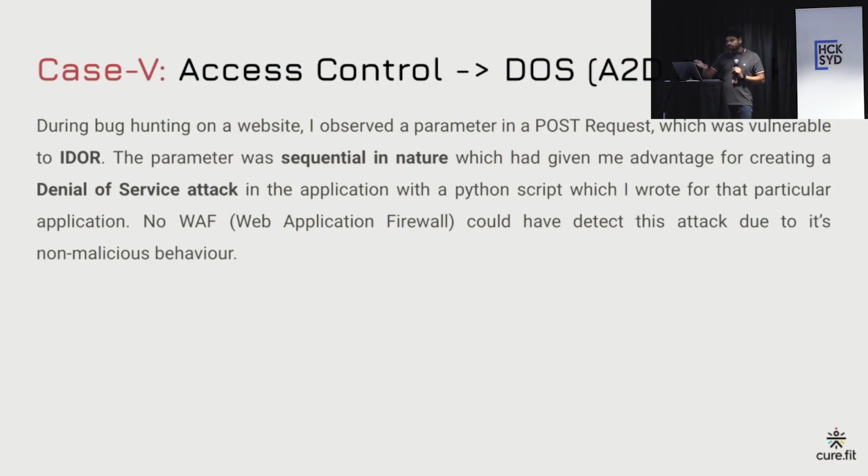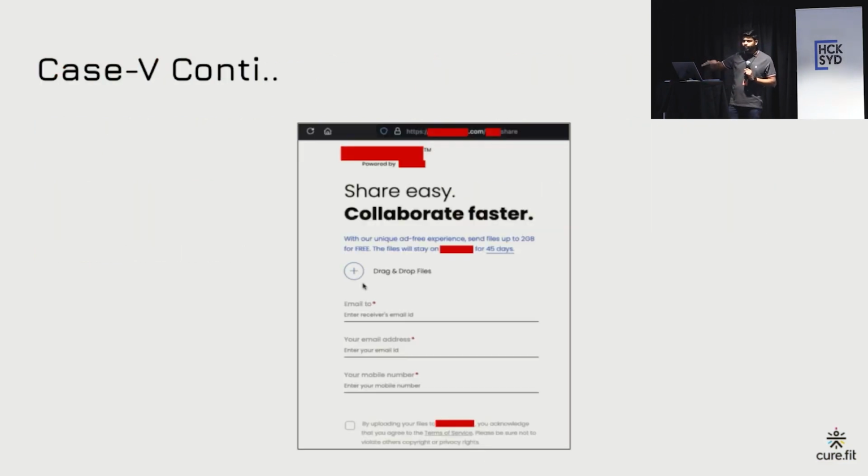Okay, firstly I'm going to show you how this website was working, then show you the demo of how I did the exploitation part. So this was something like WeTransfer. We might have used it for transferring files from one person to another, maybe a friend or someone.